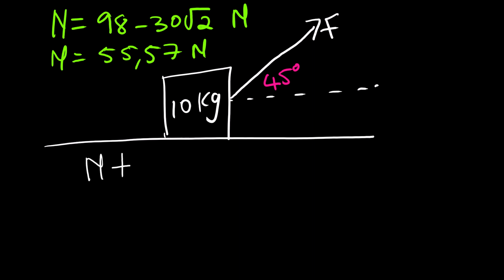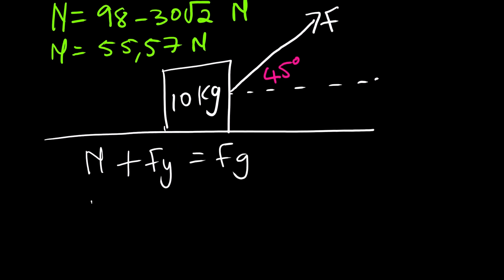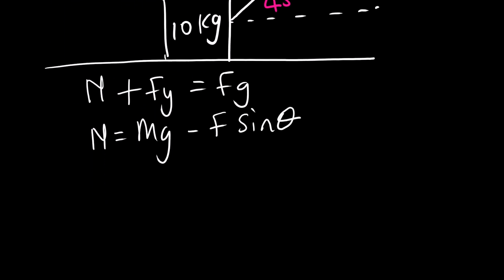So we have normal force plus Fy is equal to Fg. Normal force is equal to mg minus F sine theta. So the normal force, we are given that it's 98 minus 30 square root of 2.